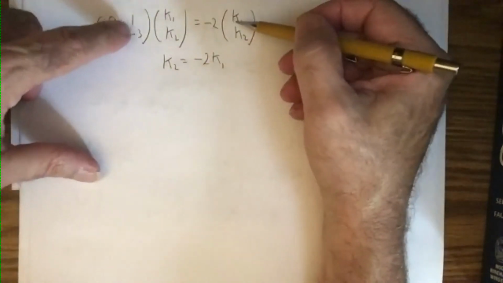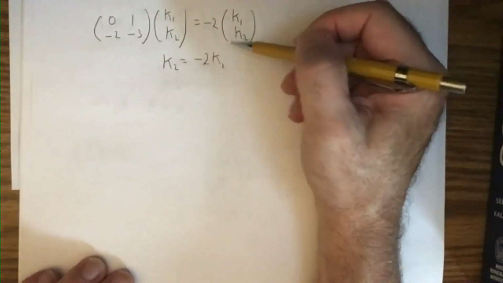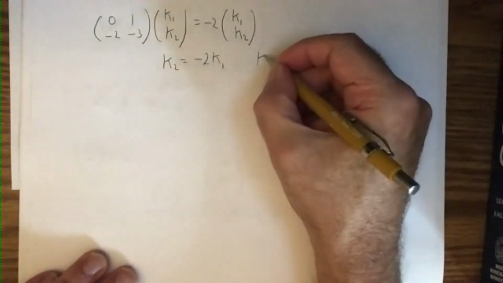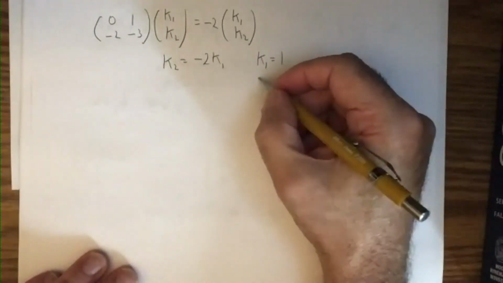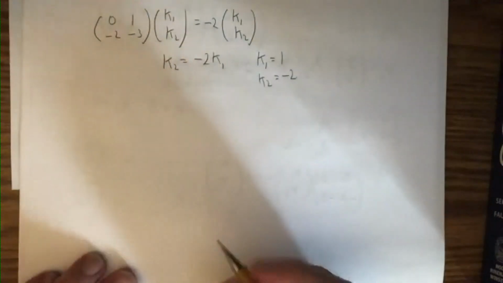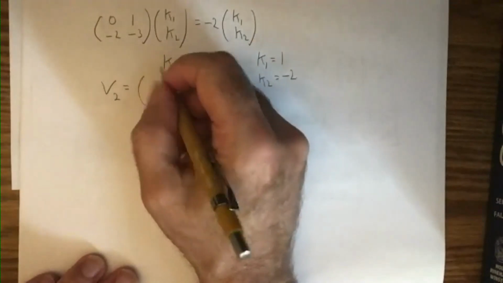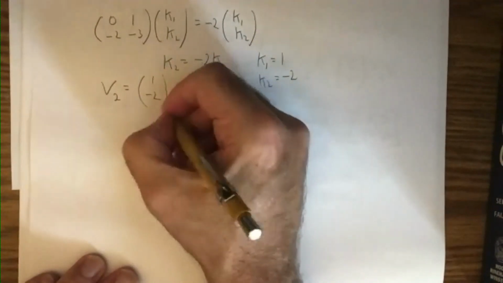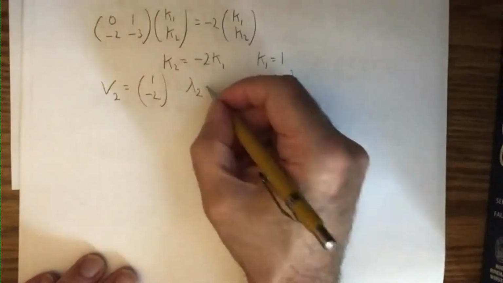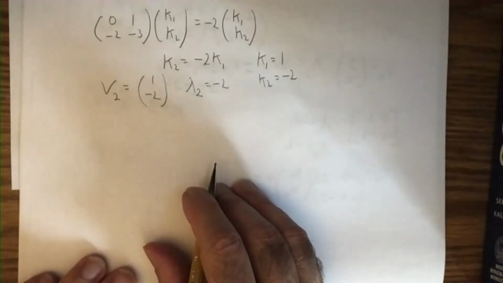And you will get an equivalent equation if you use the bottom, all right? But let's just use the top. So if I let K1 equal 1, then K2 is going to be equal to -2, right? So my vector V2 is going to be 1, -2. So this is the vector V2 that's associated with lambda 2, which was -2. Okay.